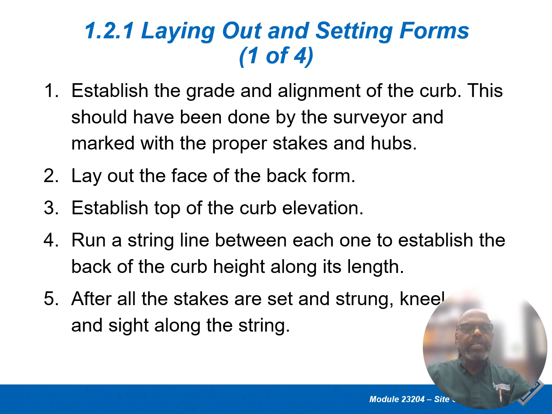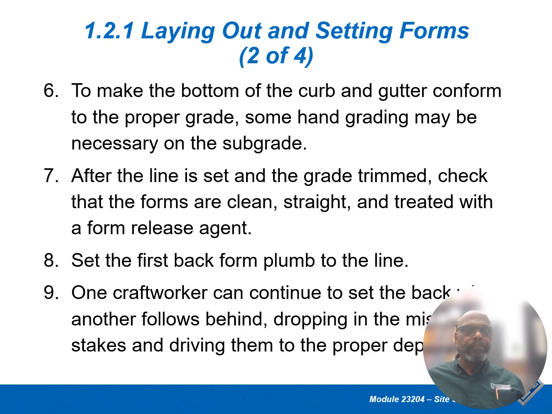Run a string line between each of the established back of the curb heights along its length. And number five, after all the stakes are set and strung, sight along the string. In other words, make sure that everything is level, so when you start to pour the concrete, there won't be mistakes of where things should be placed.